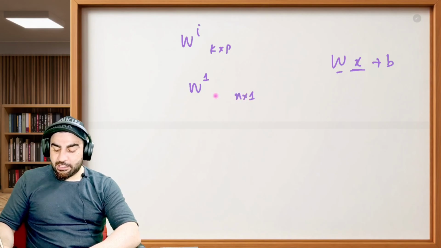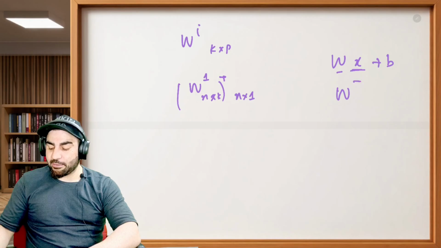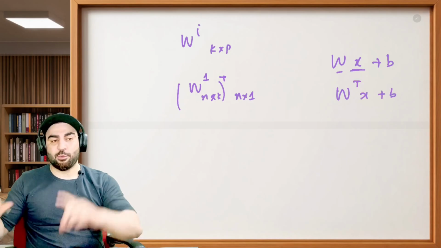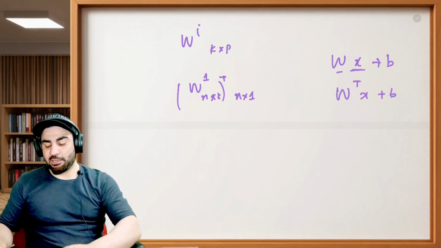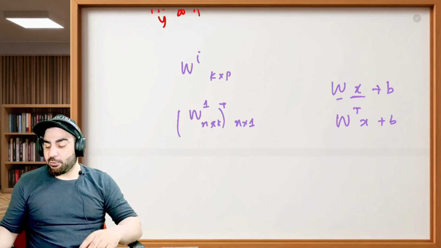And this should be n cross k, or the other way, k cross n, something of this sort. You usually will write it as n cross k, because you take a transpose of this after that. So you'll usually see it written like this, w transpose x plus b. Whatever matrix you have, you'll take a transpose of that. It depends how you represent data in your neural networks, and based on that you have to apply transpose.